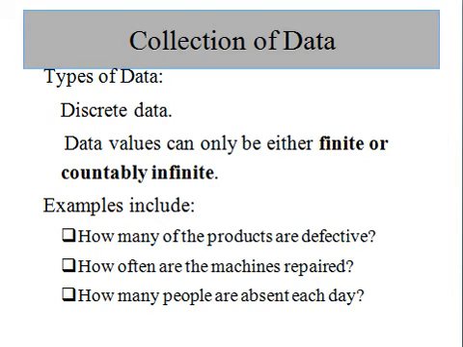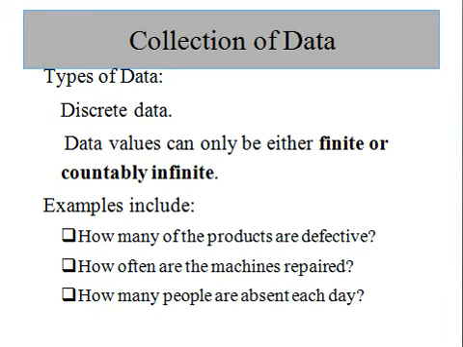Let's talk about types of data. So discrete data, data values can only be either finite or countably infinite. So if you are a quality engineer and you are interested in how many products will fail or how many products will be defective, such type of data is basically discrete data.